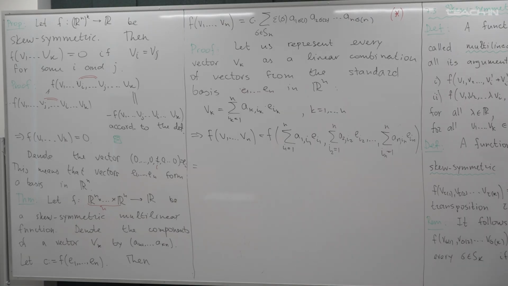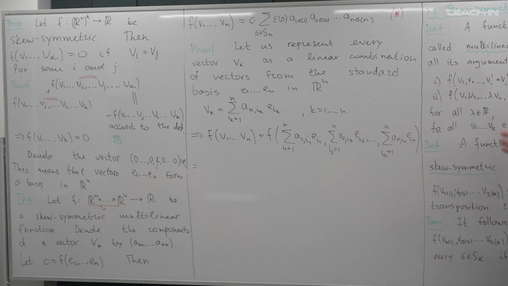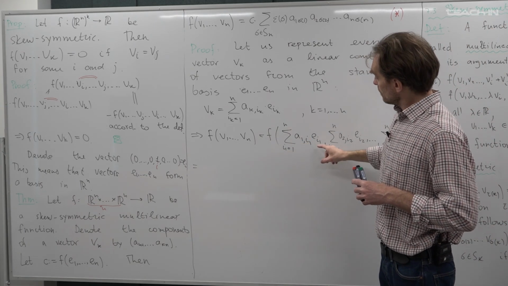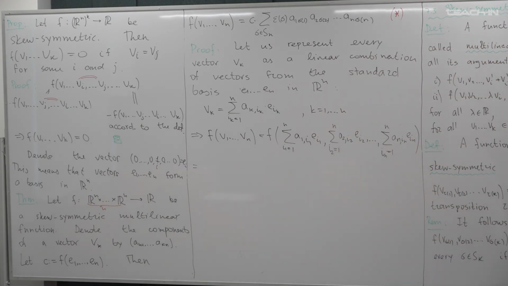If I apply consequently these two properties to all the arguments, I can write down the value of this function as a huge sum, where the function f would be taken on some set of the vectors from the basis. So why?